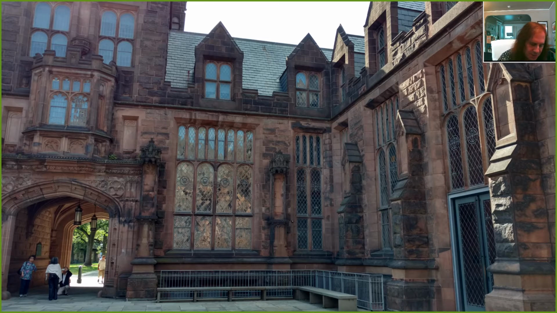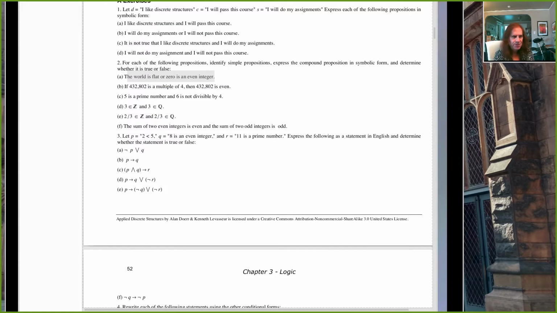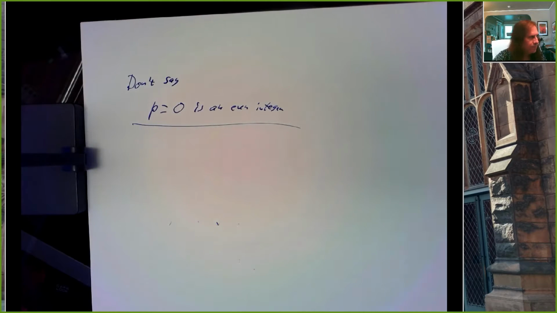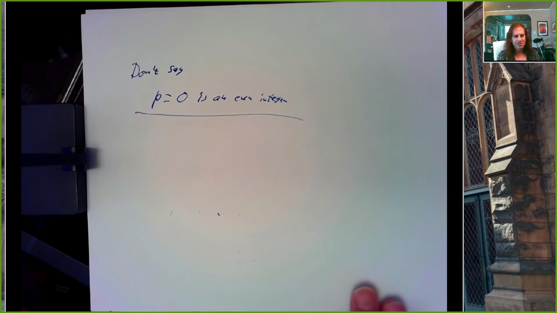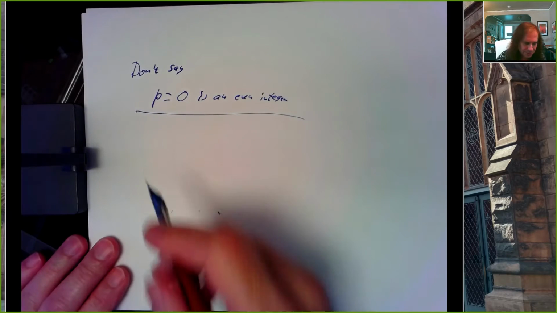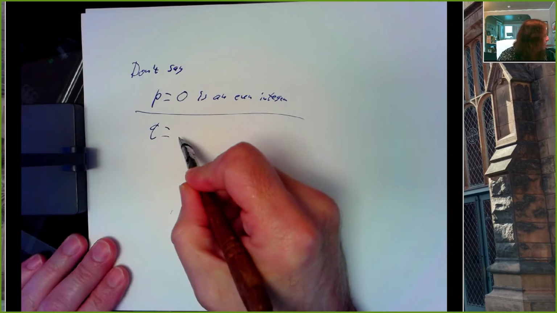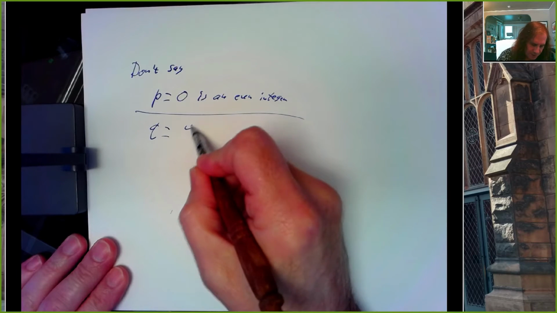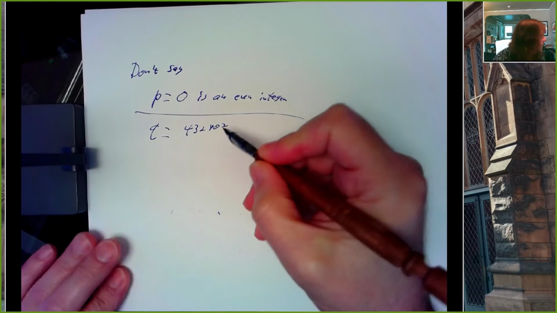So don't say P equals 0 is an even integer, or Q equals 432,802 is a multiple of 4.